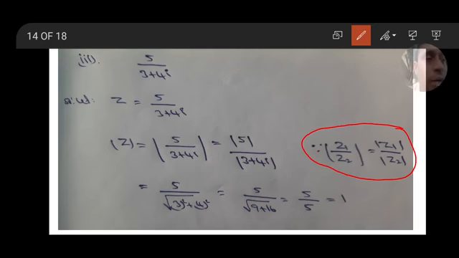Let z equal 5 by 3 plus 4i, that is modulus of z equals modulus of 5 by 3 plus 4i. That implies modulus of 5 by modulus of 3 plus 4i.